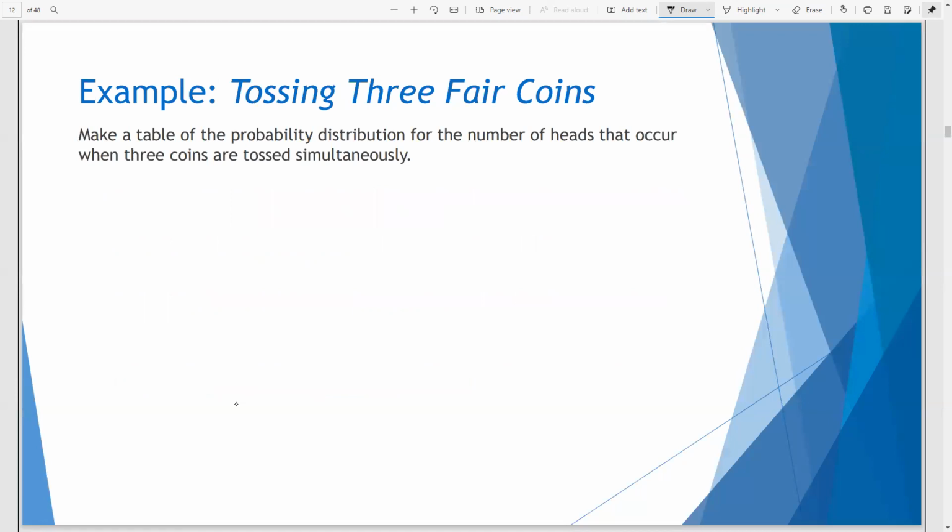So, tossing 3 fair coins. I'll make a table of the probability distribution of the number of heads that occur when 3 coins are tossed simultaneously. So the number of heads.